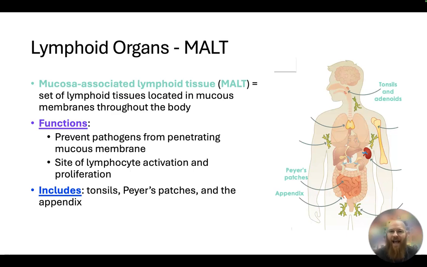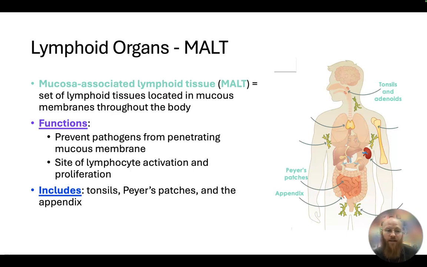And then we're going to get into that acronym MALT. This stands for, again, mucosa-associated lymphoid tissue. So this is a set of lymphoid tissues located in mucous membranes throughout the body. And this functions to basically prevent pathogens from penetrating any sort of mucous membrane. It's also a site of lymphocyte activation and proliferation.